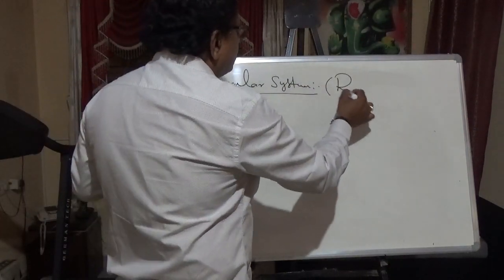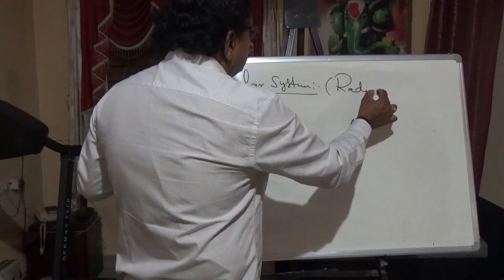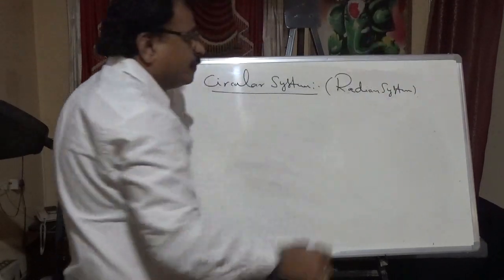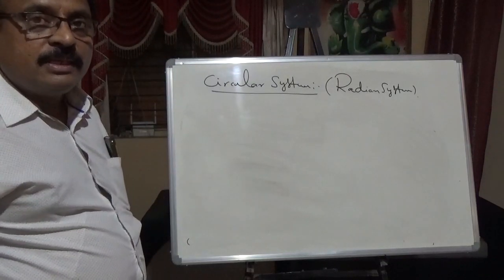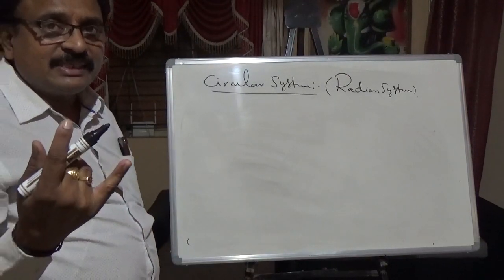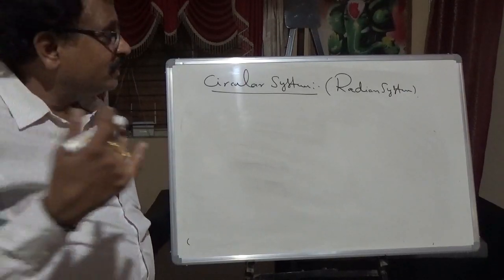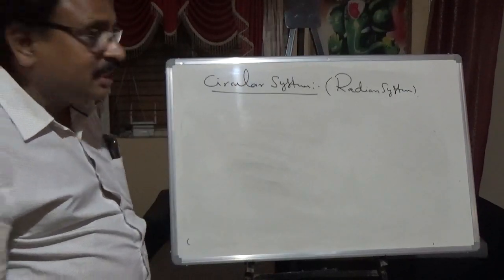First one sexagesimal system, second one centesimal system, third one is radian system.